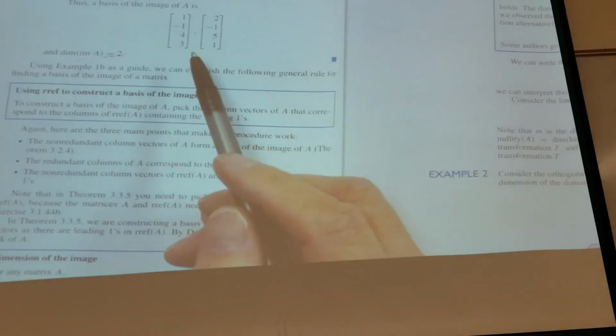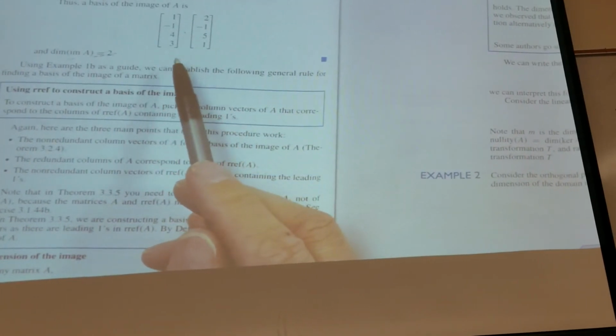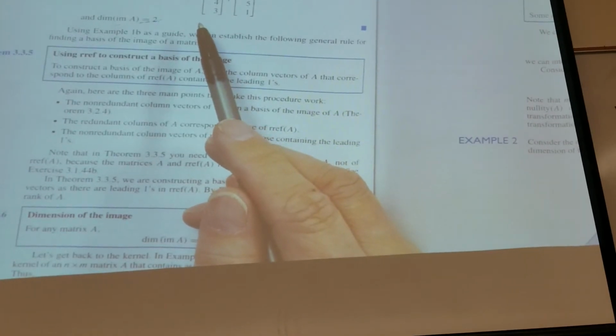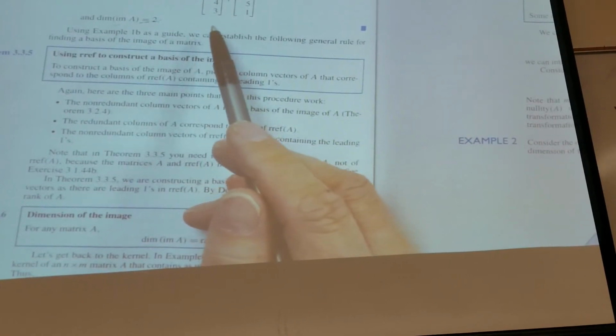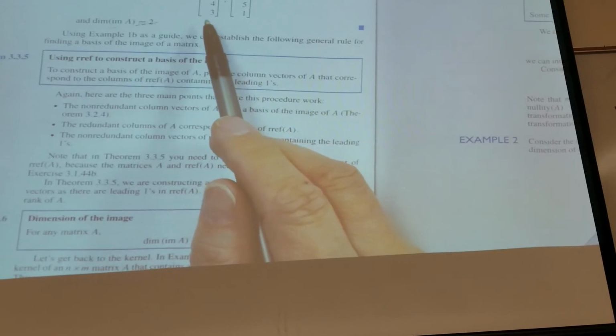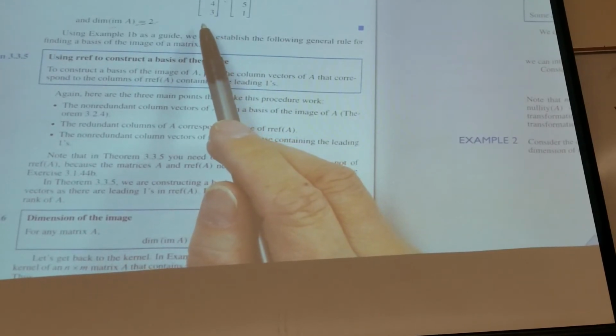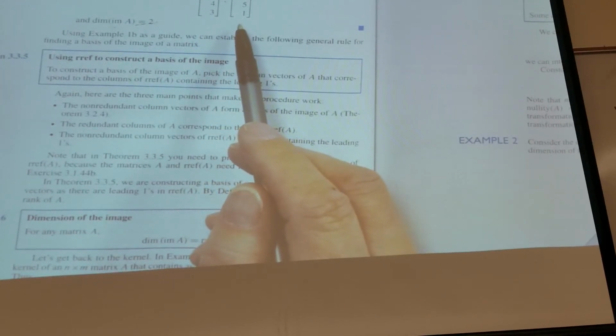So remember what these two are? They correspond to B1 and B3, right? So is this A1? That should be A3, right?